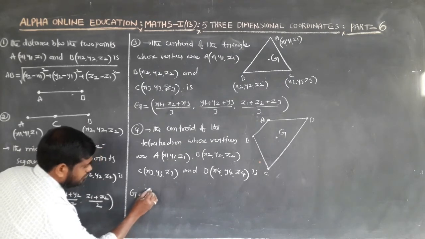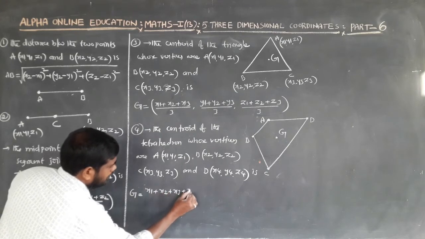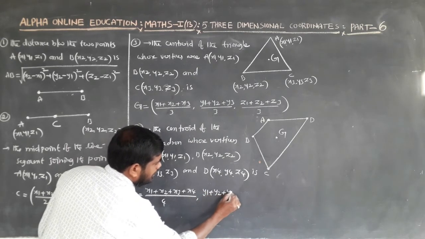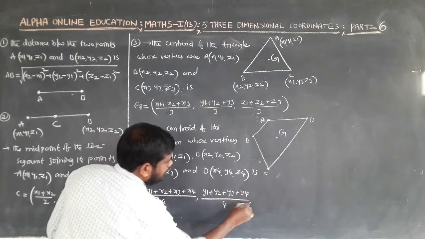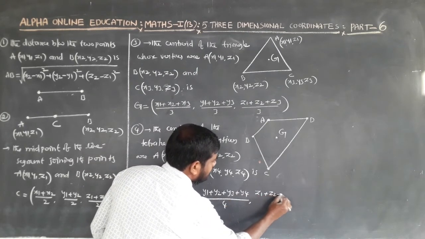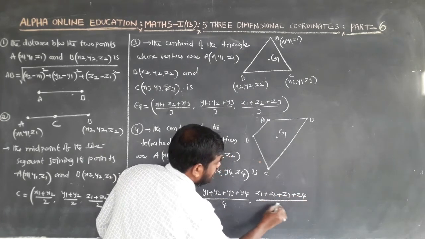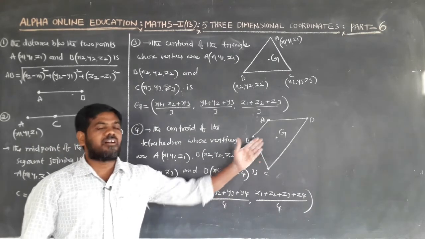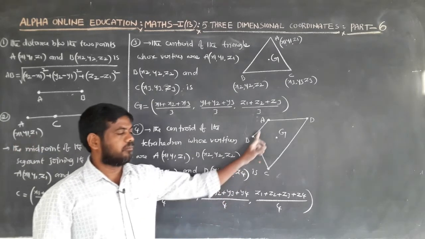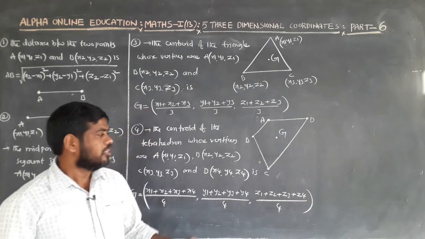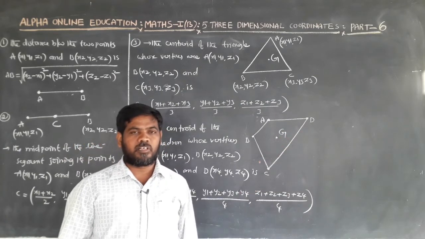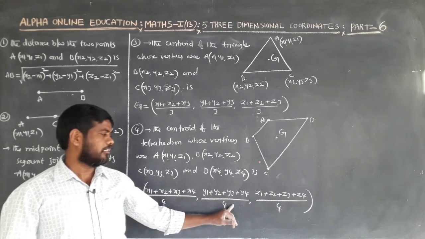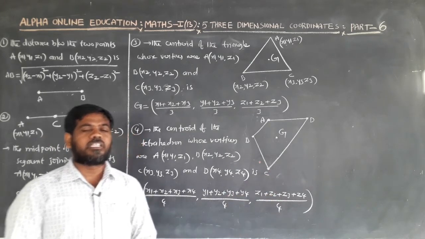So centroid is equal to x1 plus x2 plus x3 plus x4 by 4, comma y1 plus y2 plus y3 plus y4 by 4, comma z1 plus z2 plus z3 plus z4 by 4 is the centroid of the tetrahedron.